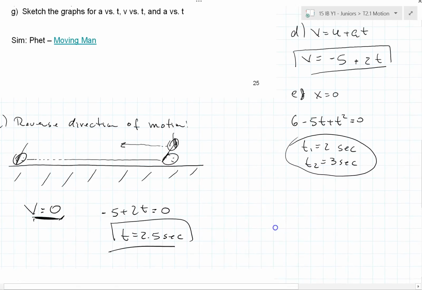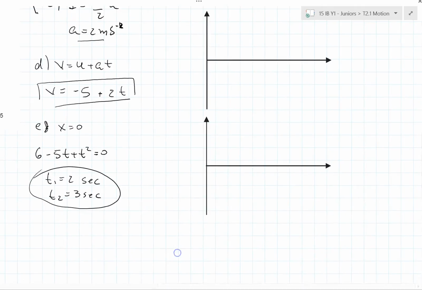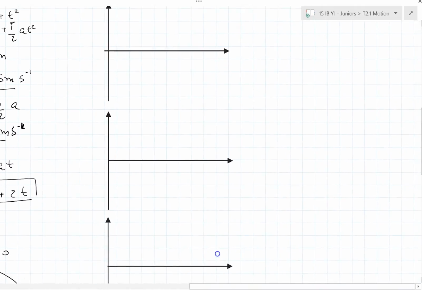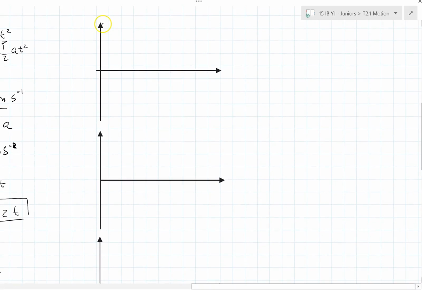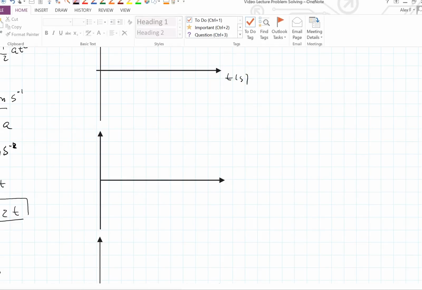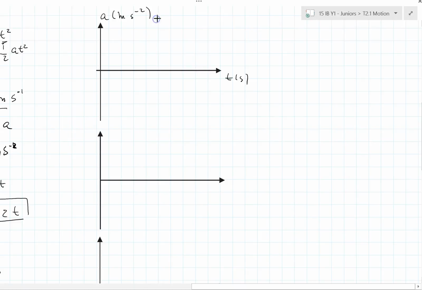Now let's go for the three graphs. I want the position, velocity, and acceleration graphs. The simplest graph of all is going to be my acceleration graph. So that's the graph I should start. So acceleration in meters per second squared versus time in seconds. And to do that, I am going to get here a very nice straight line.